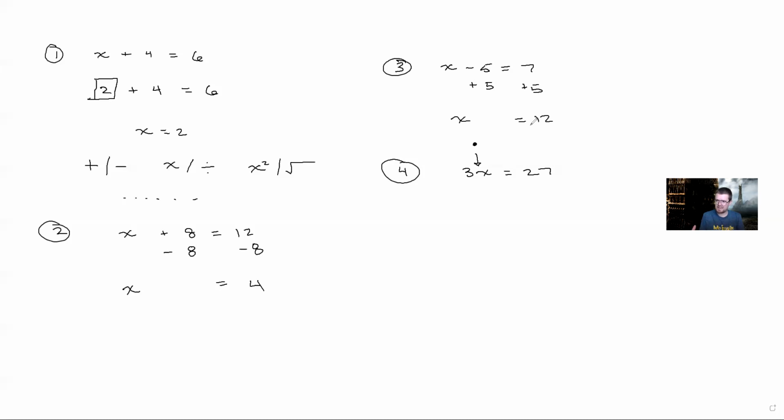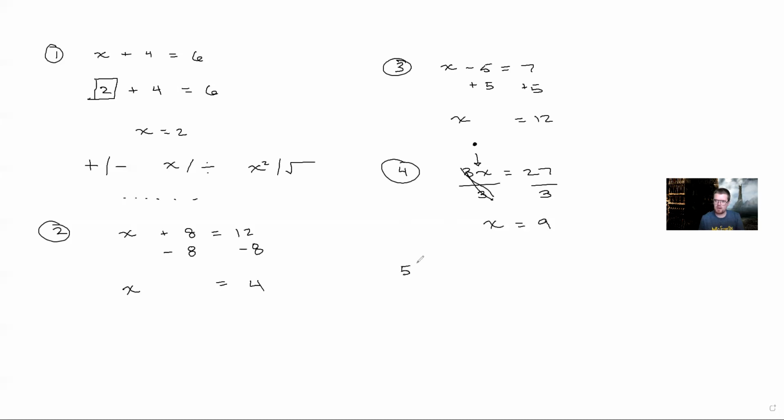So 3x is the same as 3 times x. So to get x by itself, I would need to do the opposite operation, which is division. So I'm going to divide both sides by 3. That gives me 27 divided by 3, which is 9. Again, you can check 3 times 9 is 27. So that's my correct answer.